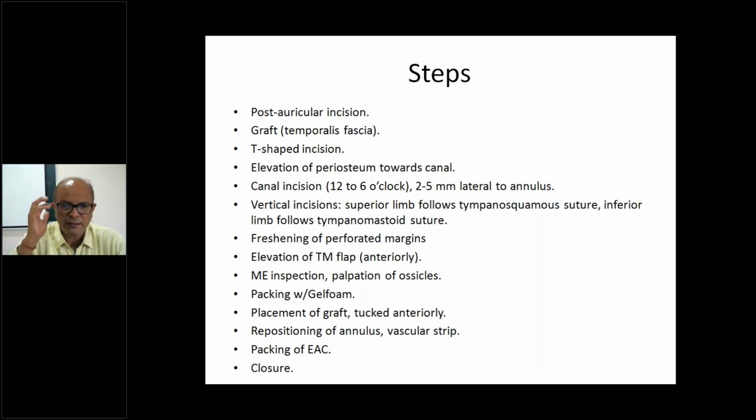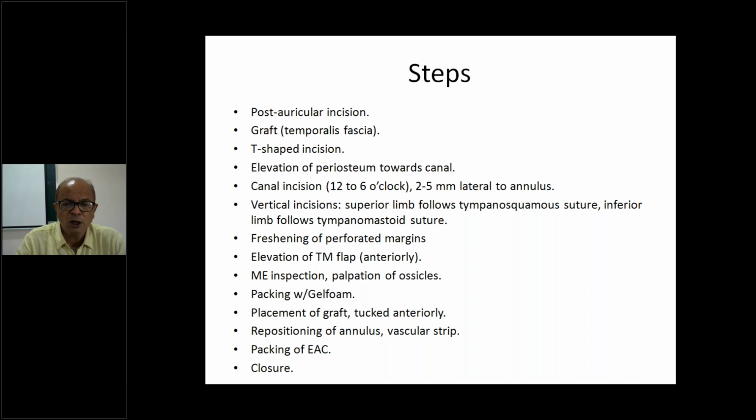And then after elevating over the spine of Henle, you do the horizontal myotomy. The horizontal myotomy should be just medial to the spine of Henle. So where the spine of Henle is, just medial to it, you do a horizontal myotomy.